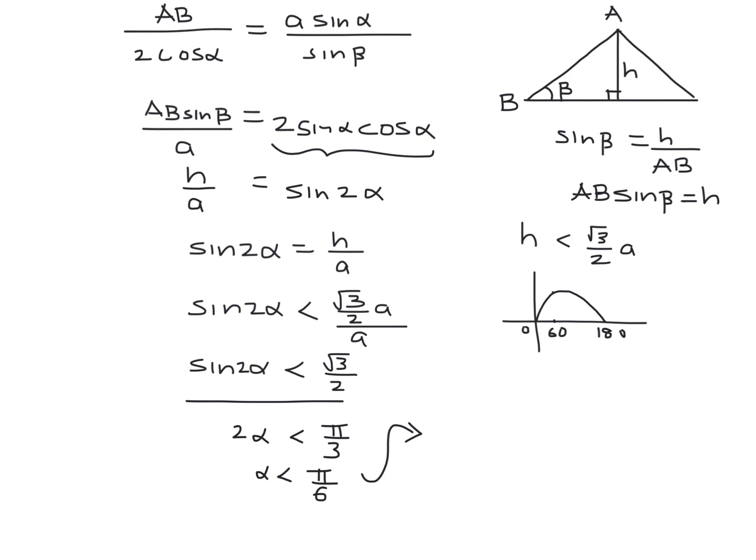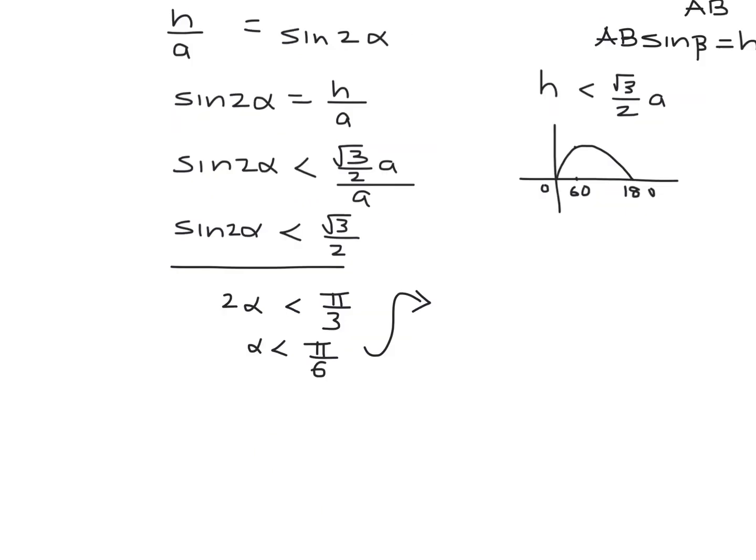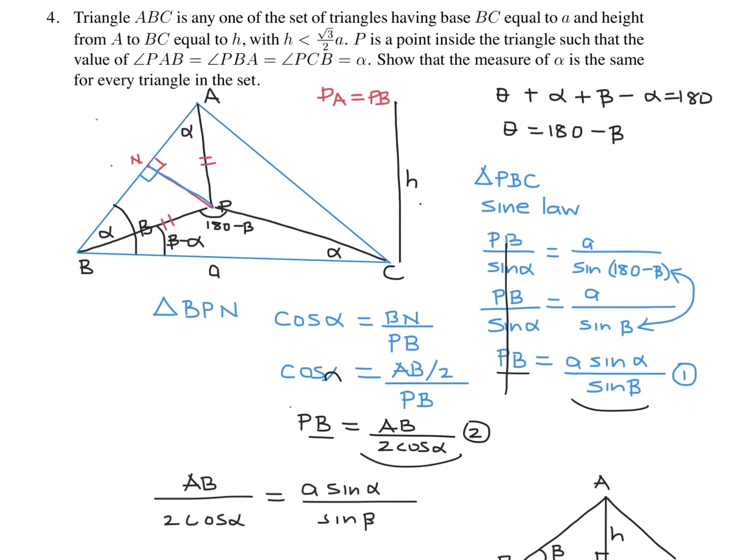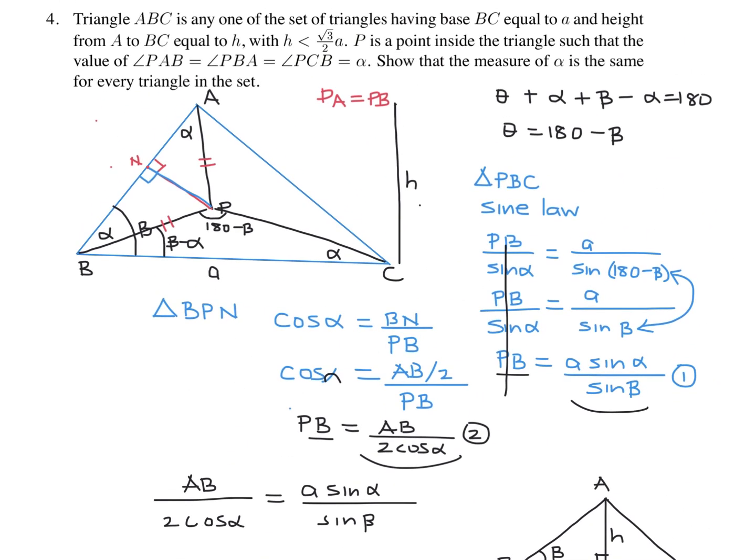So we can conclude that the angle alpha is the same for any given value of a and h, and therefore that means there's only one value for alpha. And I think that's what the question's asking, right? Show that the measure of alpha is the same for every triangle in the set.